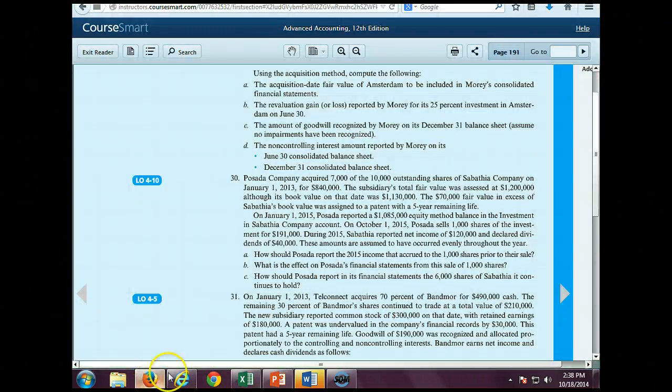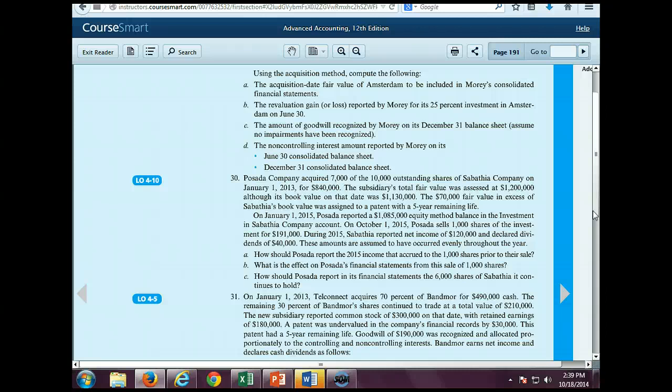On January 1st of 2015, Posada, who's the parent, reported a $1,085,000 equity balance in the investment in Sabetha Company. On October 1st of 2015, Posada sells 1,000 shares of the investment for $191,000.